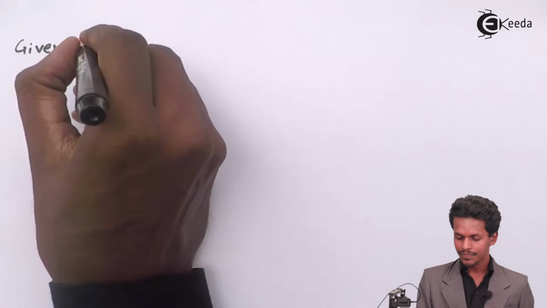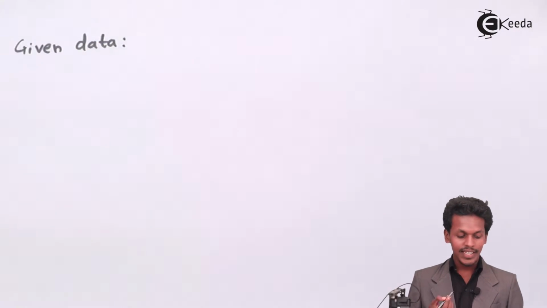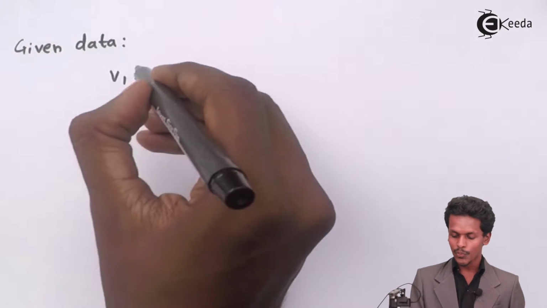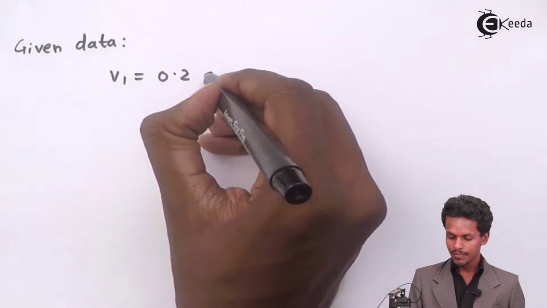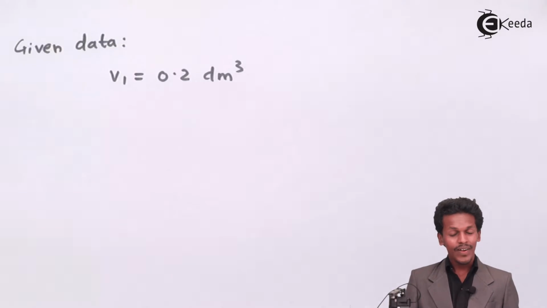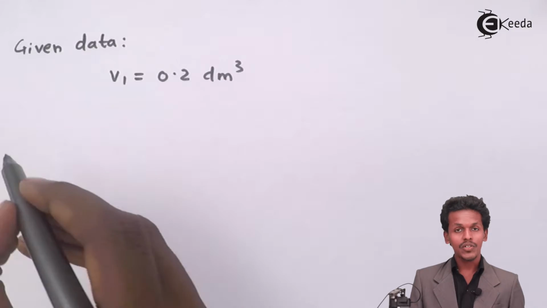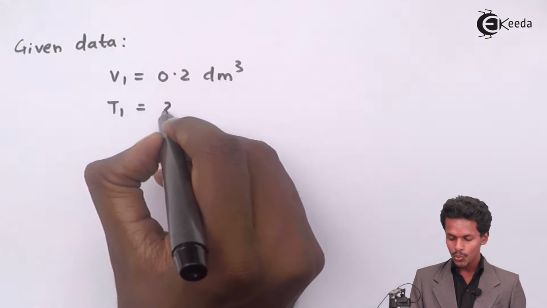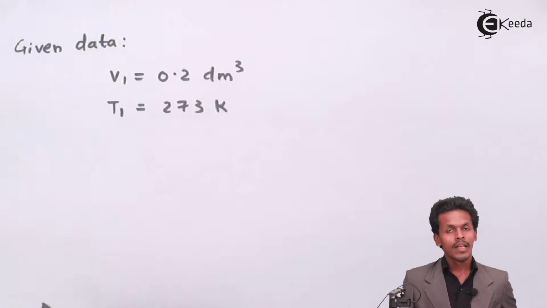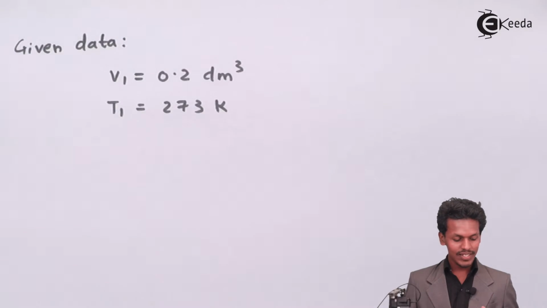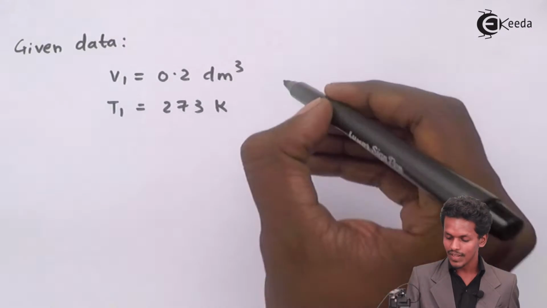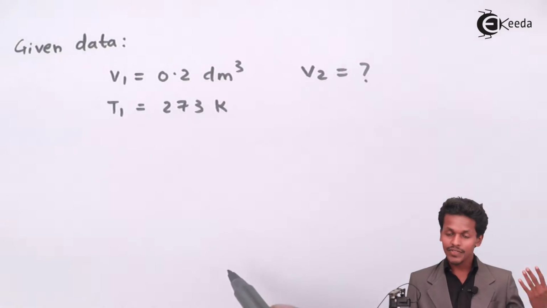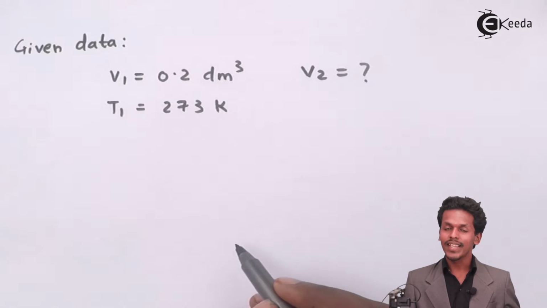The given data says that the initial volume provided to us, V1, is 0.2 dm cube, while the temperature T1 is 273 Kelvin. Now we have to calculate the volume of the gas, that is V2, if the temperature is double the absolute temperature.